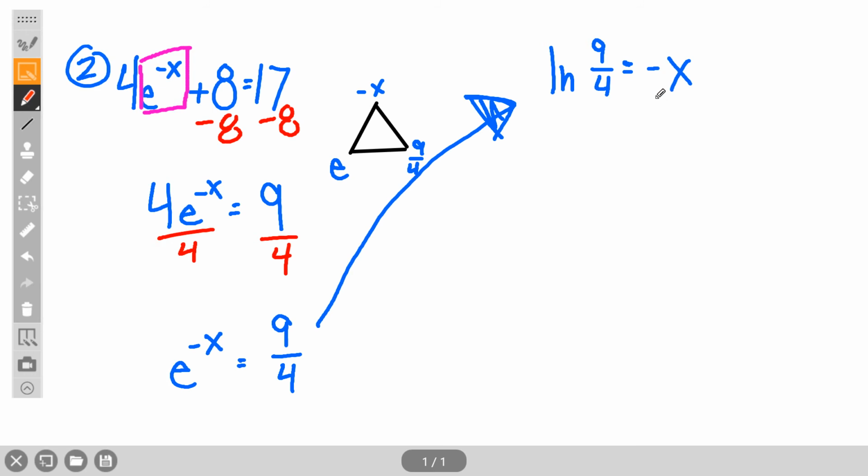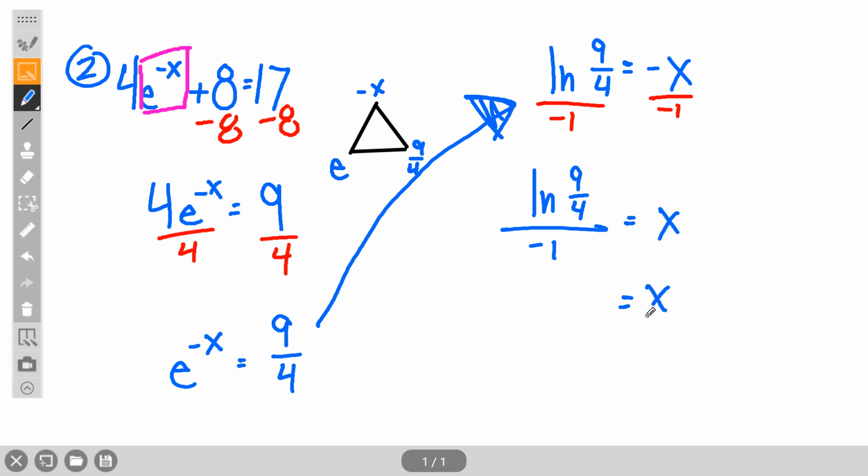Now I don't want negative x, I want positive x, so I'll divide by negative 1. The natural log of 9 over 4 divided by negative 1 is equal to x.